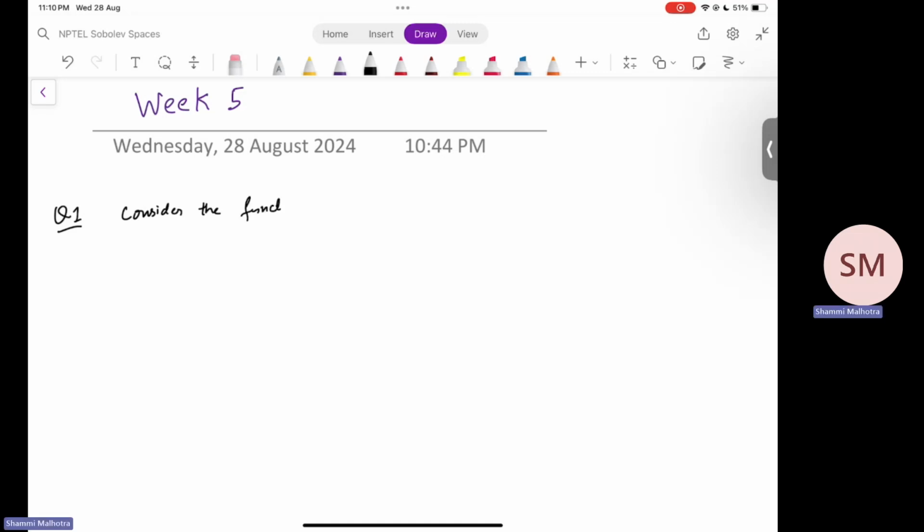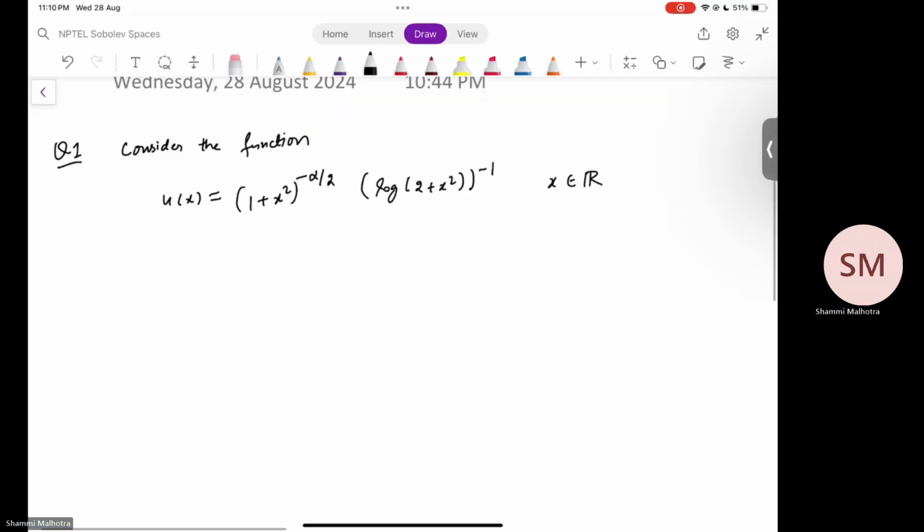Consider the function u(x) equal to (1 plus x squared) raised to the power of minus alpha by 2, multiplied by the inverse of log of (2 plus x squared), where x belongs to the real numbers and alpha belongs to (0, 1).